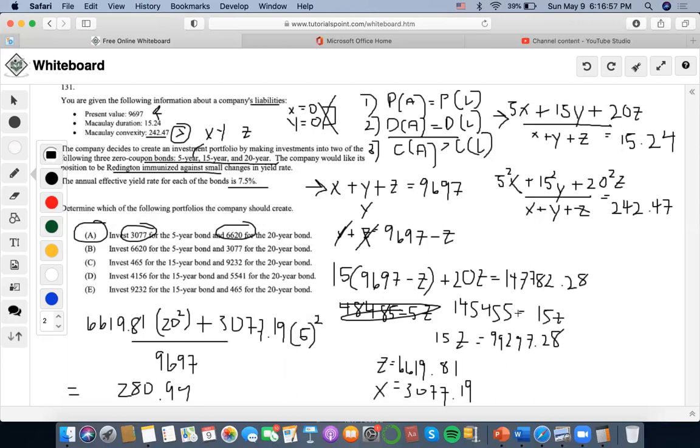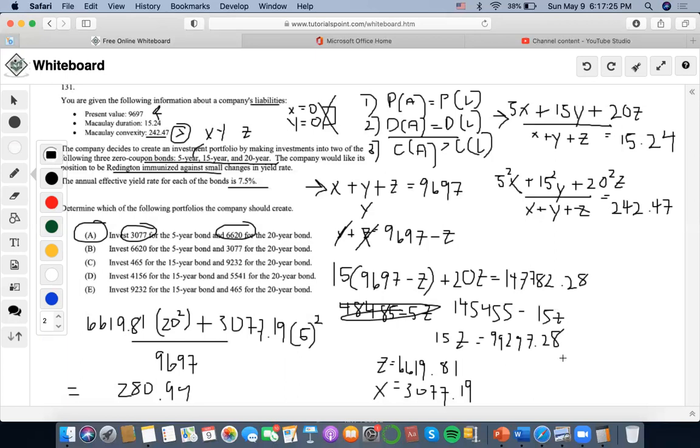So then I would move this to the other side. Right, 2327.28 divided by 5z, which is 465.456.